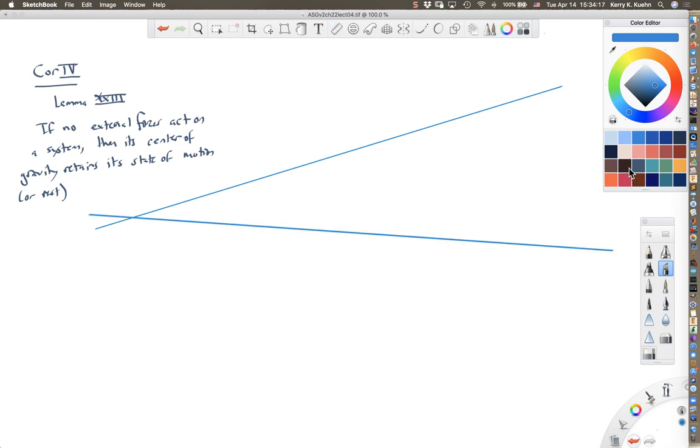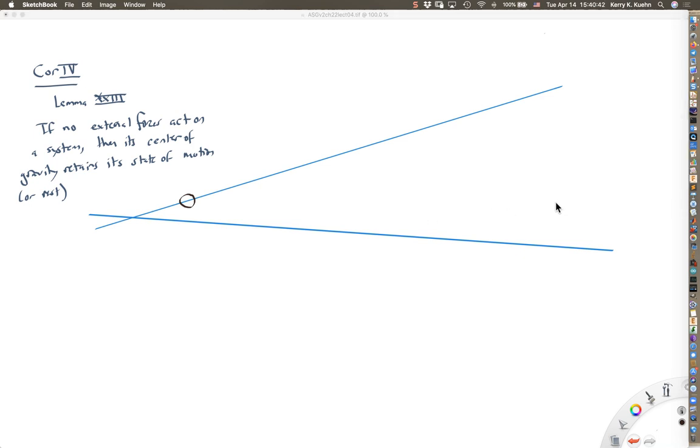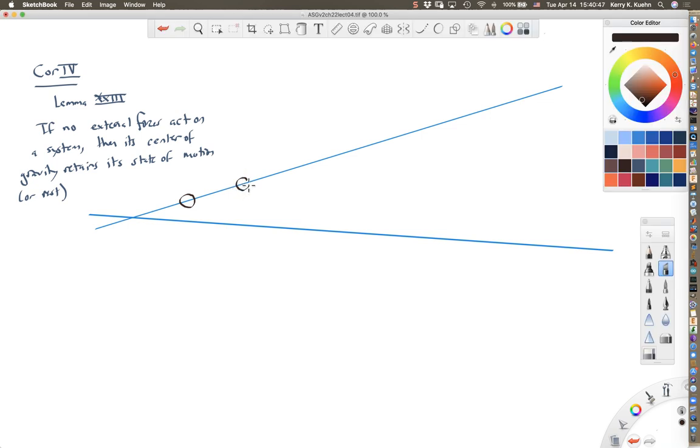And let me draw these two objects. So let's suppose that this object right here, I'm drawing the position of a mass at subsequent moments in time as it's moving along this trajectory.